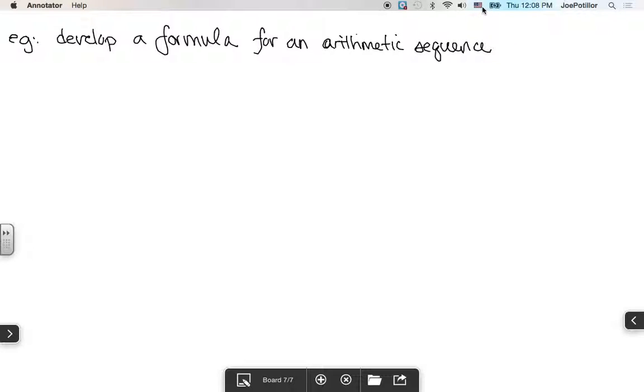Develop a formula for the arithmetic sequence whose fifth term is 10, and its third term is 7.